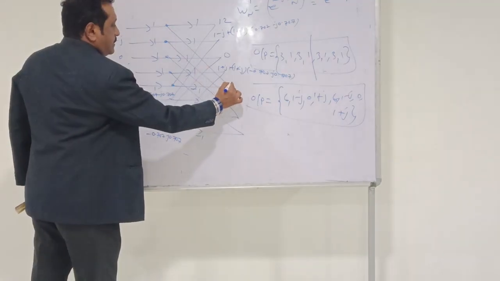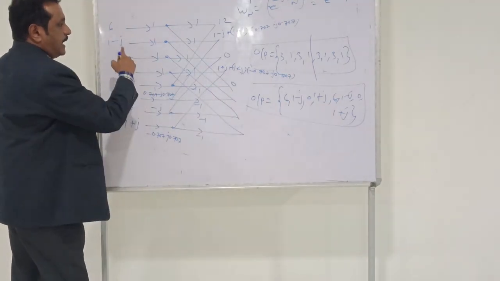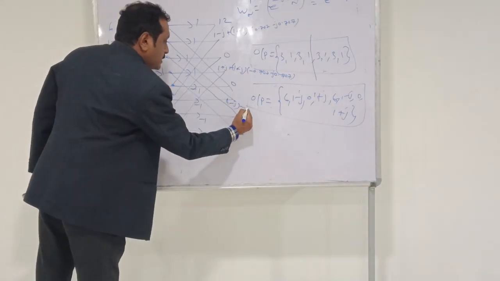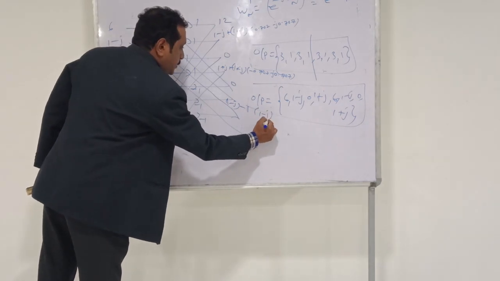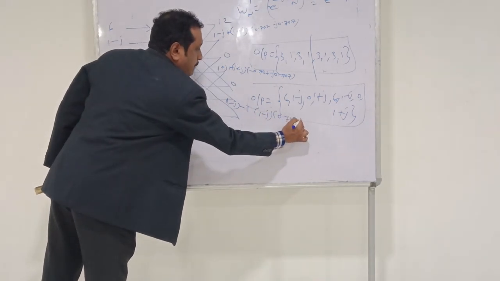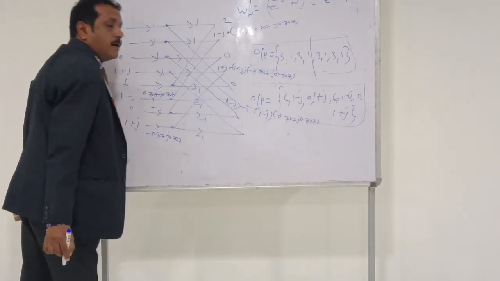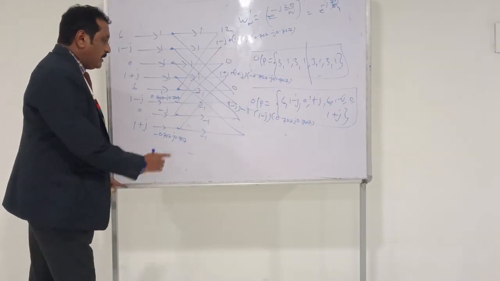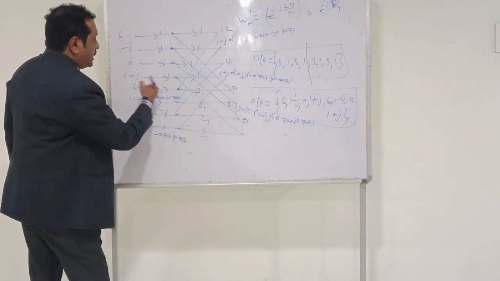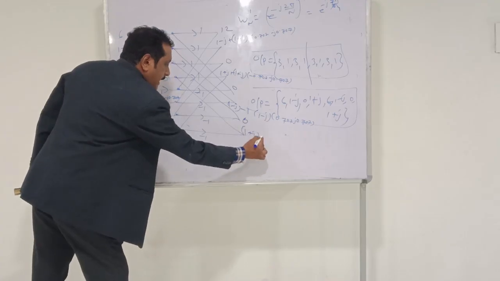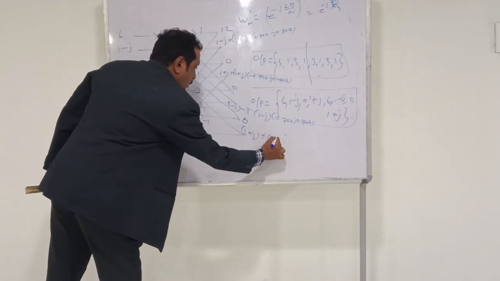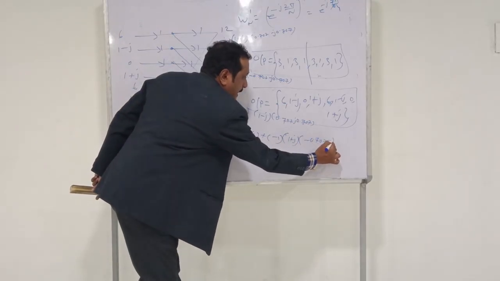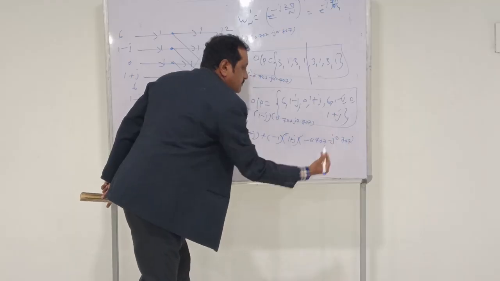The next one is again 0, because 6 minus 6, and here 1 minus j, the other one is minus 1 into 1 minus j into 0.707 minus j 0.707. We need to simplify this, writing the final real and imaginary parts here. The next one is 0, and the last one is 1 plus j, plus minus 1 into 1 plus j into minus 0.707 minus j 0.707.